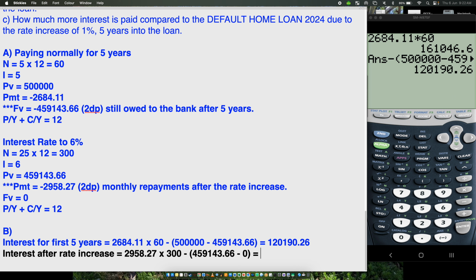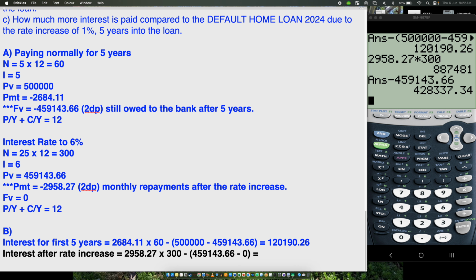In the remaining 25 years, you would pay $2,958.27 times by 300, take away $459,143.66, which is $428,337.34. What do I need to do to these two numbers to work out the total interest paid? Add them together.